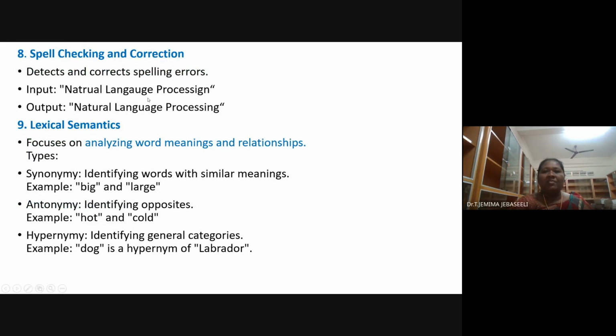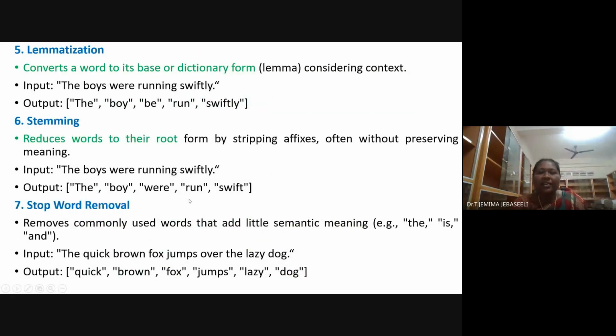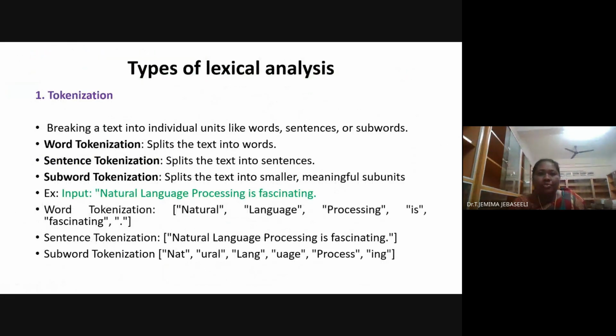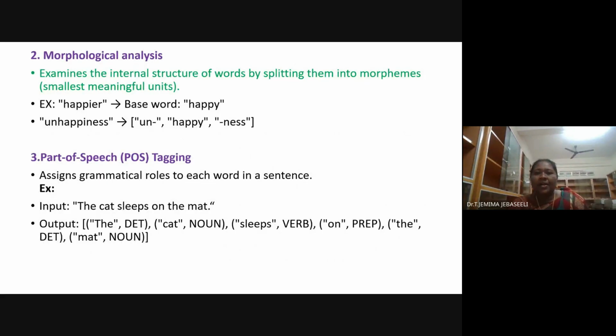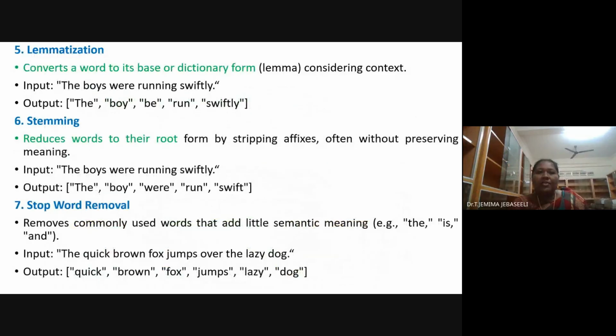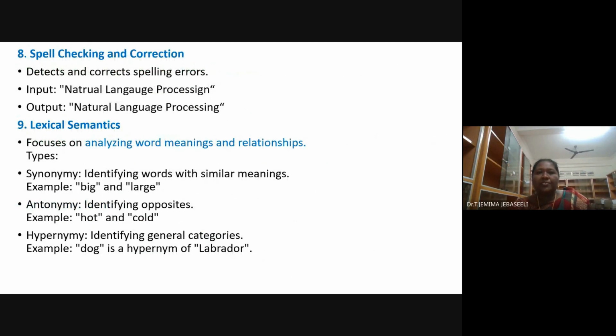Spelling checking: even if you have typed wrongly, it will correct it and give it to the next procedure. Even if you have given some other keyword, if a better one is needed, it will be replaced by the Lexer. So the Lexer will do these kinds of tasks: tokenization, morphological analysis, part of speech tagging, named entity recognition, lemmatization, stemming and stop word removal, spell checking and correction, and lexical semantics.